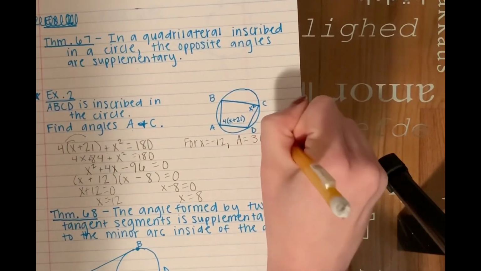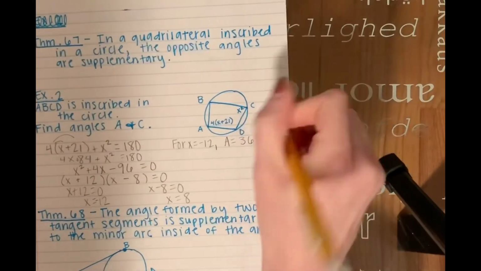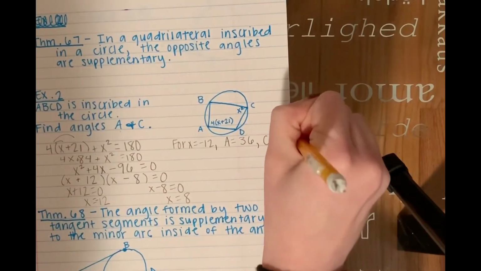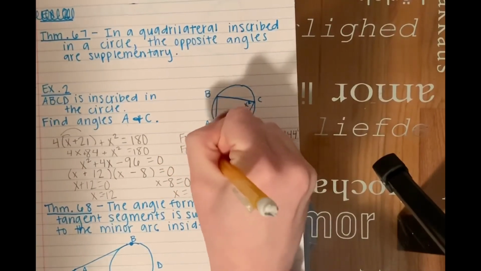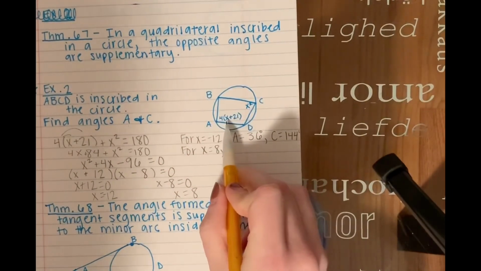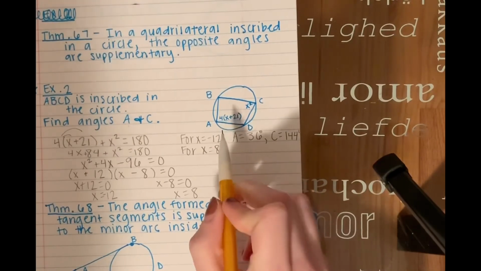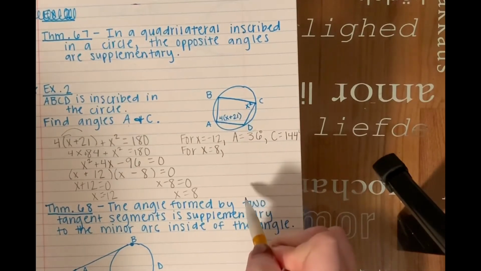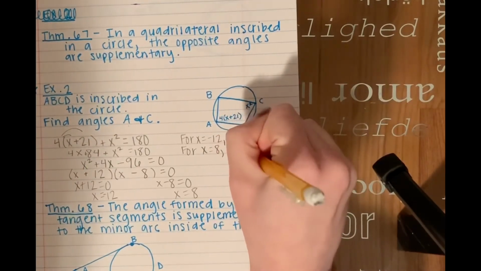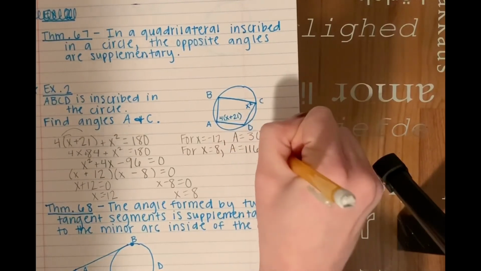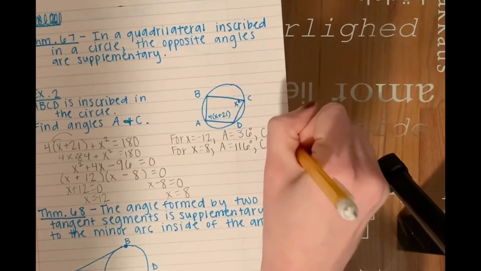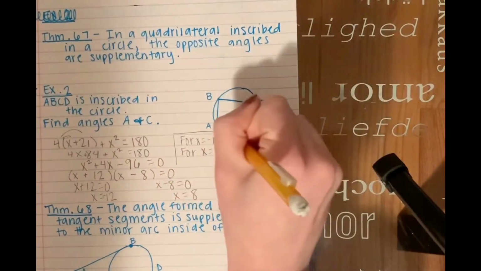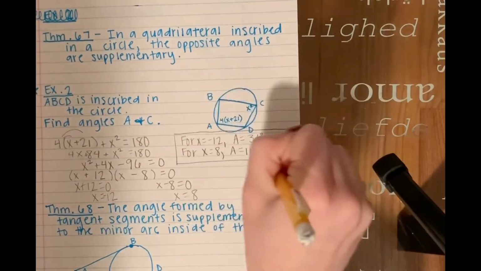And then C would equal negative 12 squared, which would be 144 degrees. And then for x equals 8, A would be 8 plus 21, so 29 times 4, which I think comes out to be 116. And then C, x squared, 8 squared, you'll get 64 degrees. So your answer is all of those answers right there.